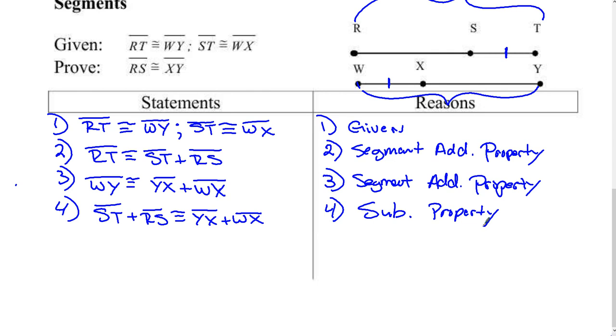Now, the next thing. I'm going to do this now. Let's see if you guys can figure out this one. So I'm going to show you extra work on this one here.